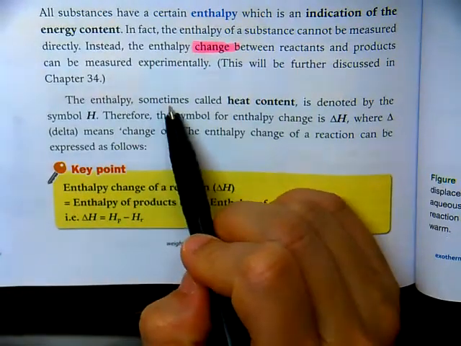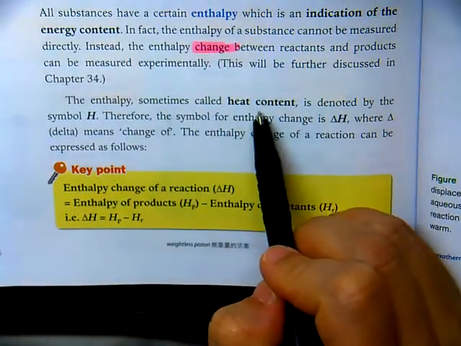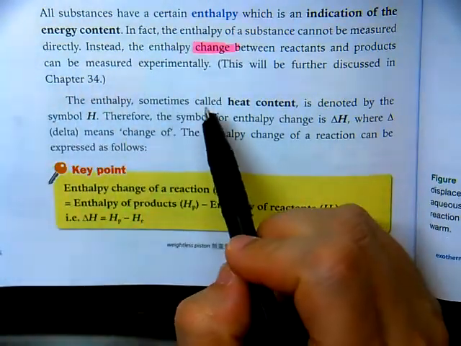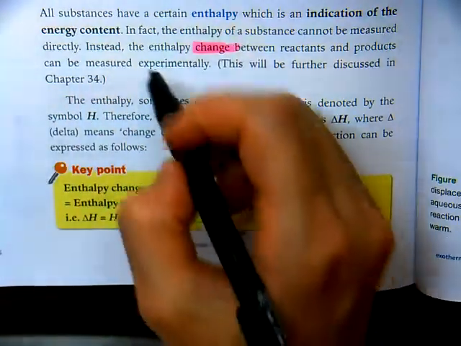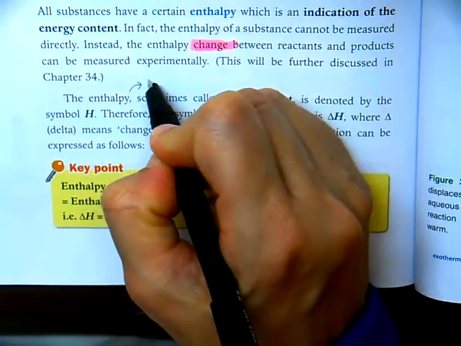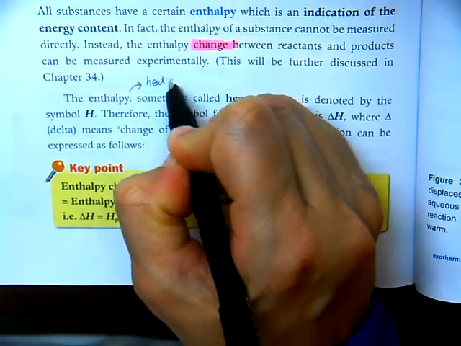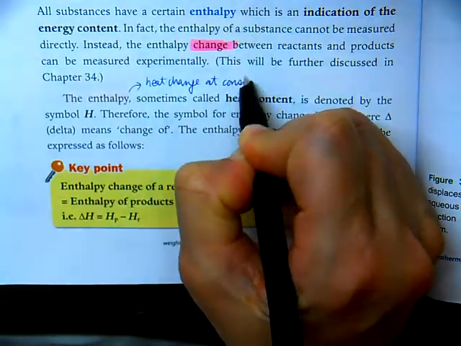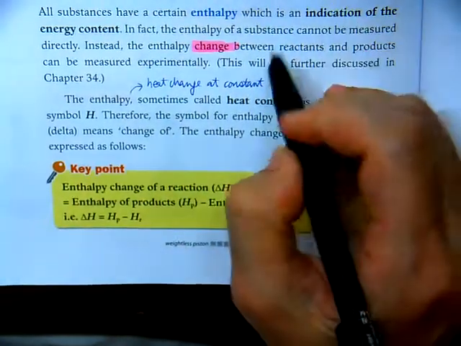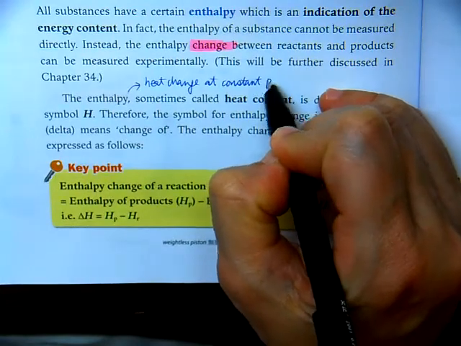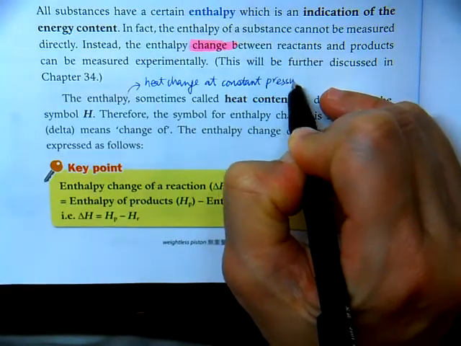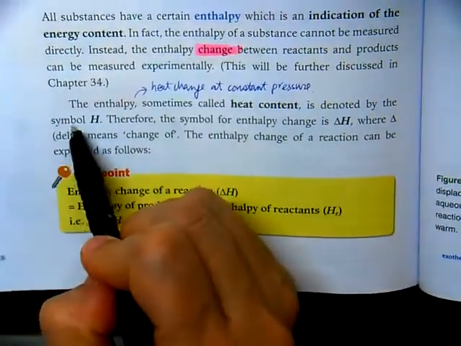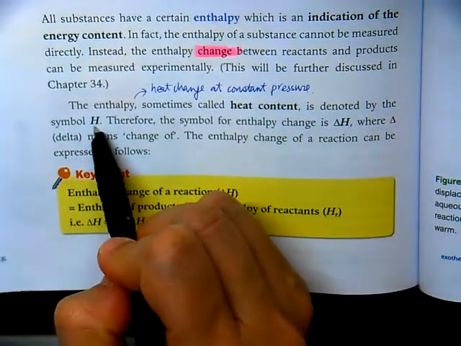Enthalpy, sometimes called heat content, is the heat change at constant... do you remember what it is? Is the heat change at constant volume or pressure? Constant pressure. Bear in mind, it is denoted by the symbol H, capital letter H.